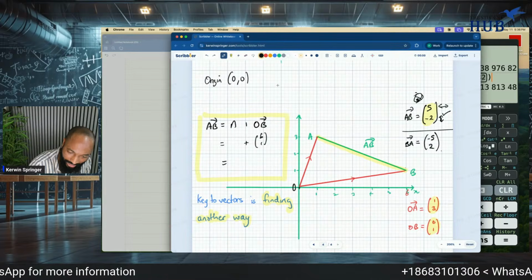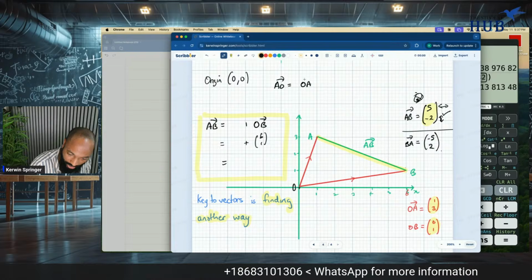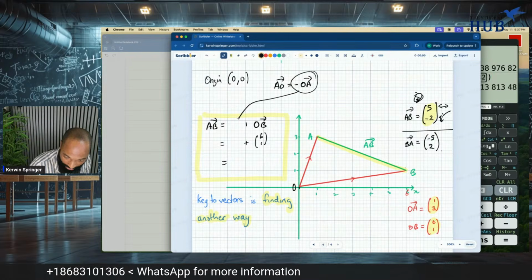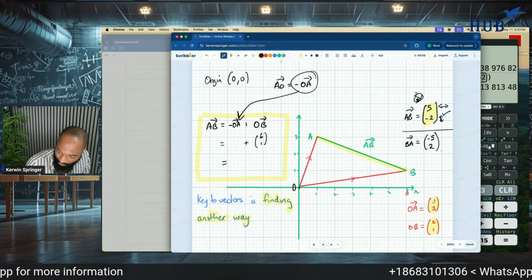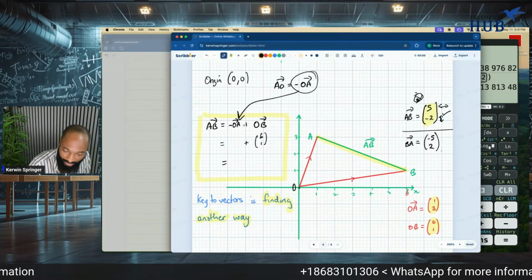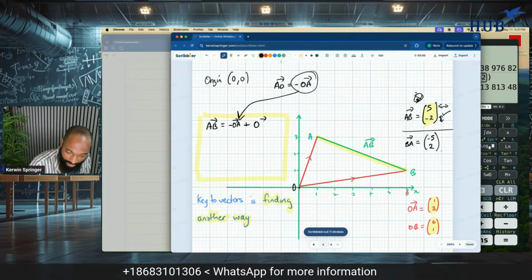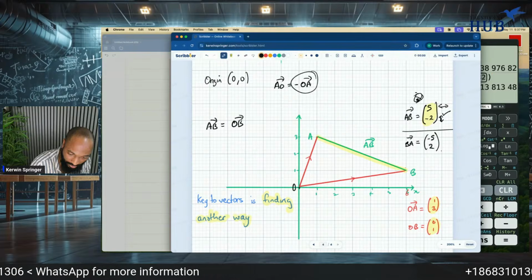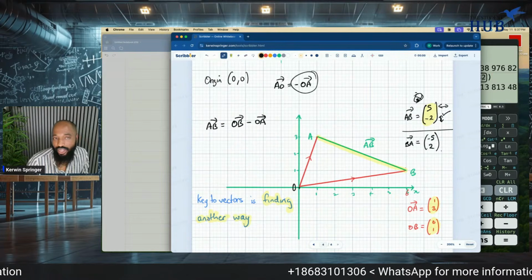But isn't AO the same as the opposite of OA? So can't I just put negative OA instead? Negative OA, because we had to switch the signs. And can't I just rewrite this in a better way as AB is OB first, and then negative OA. That's called the triangle law.